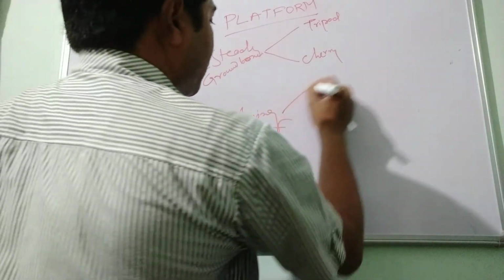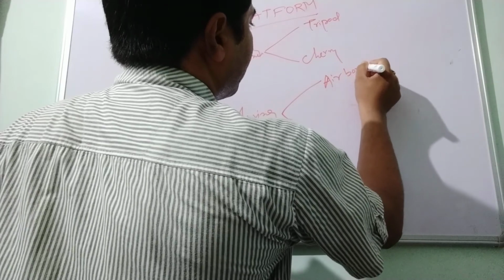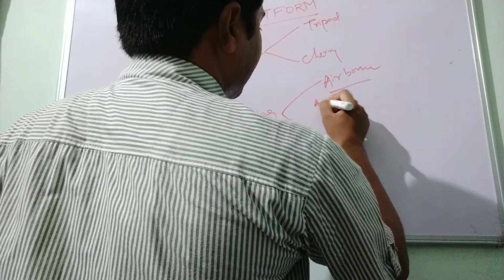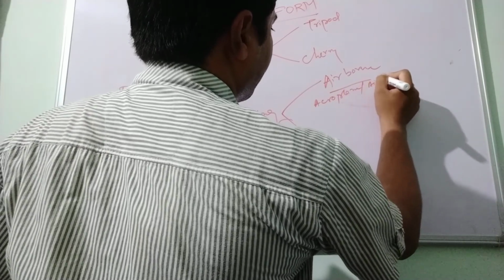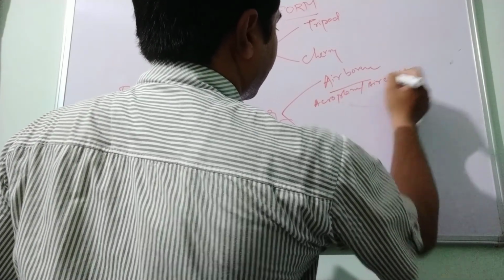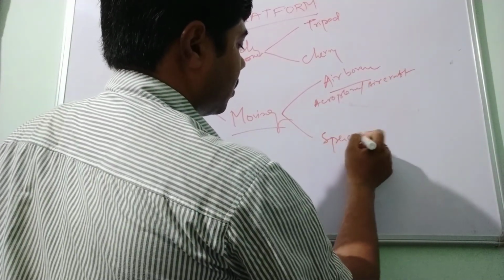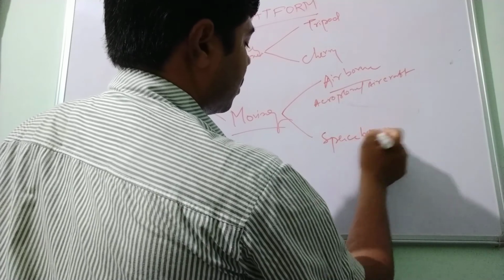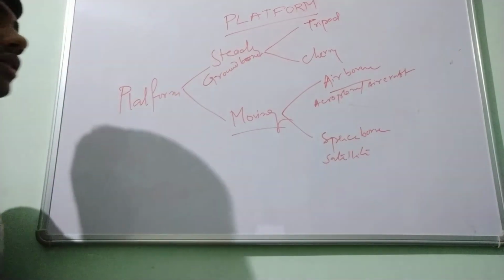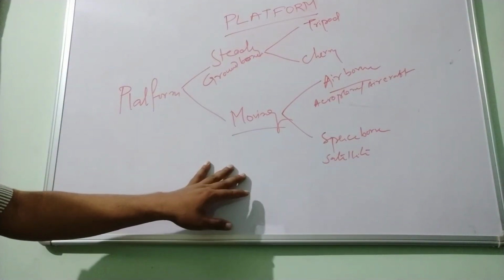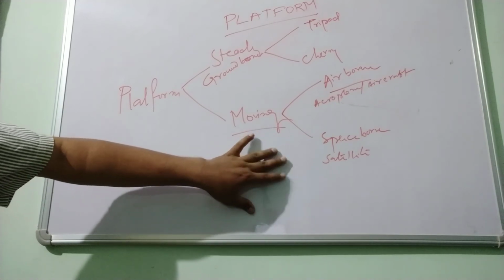But in the moving platform, there is the airborne, where an aeroplane or aircraft is the platform, and the spaceborne, like a satellite. By launching a satellite, we fix the sensor and gather information. This is called spaceborne.